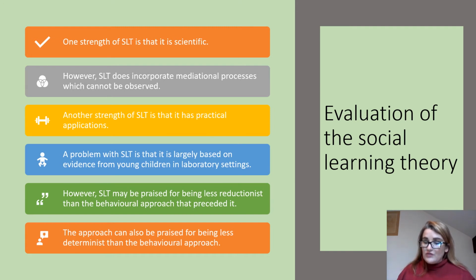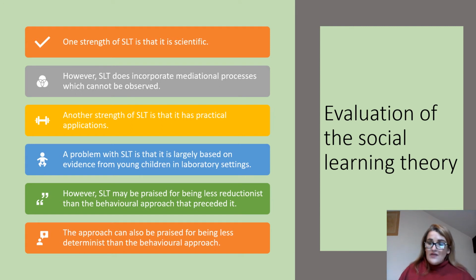Bandura's Bobo doll research is highly controlled, and the learning demonstrated by the children was clear to observe and measure. And then put an L, so we're linking back. This is a positive as it means the approach is supported by empirical evidence. So that is the missing word there, empirical.